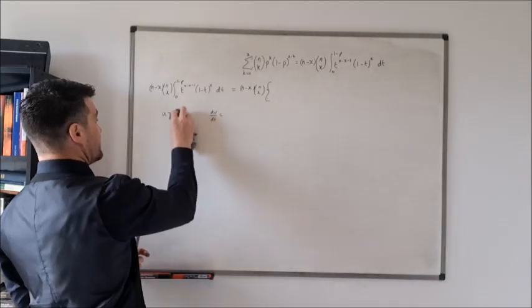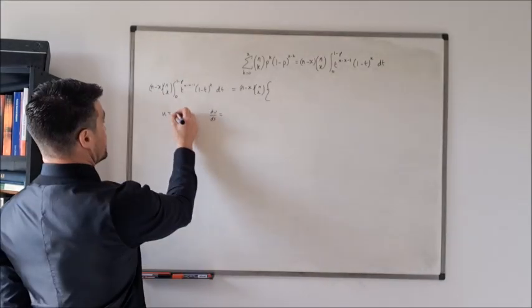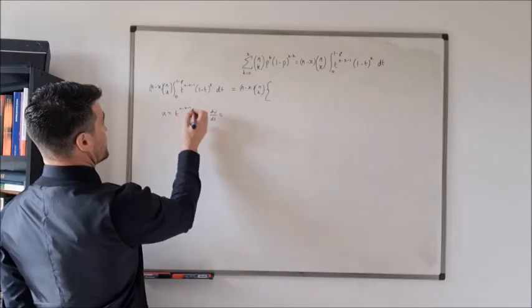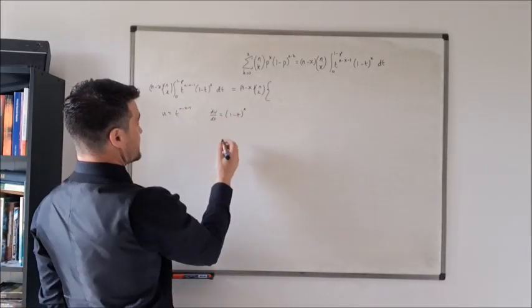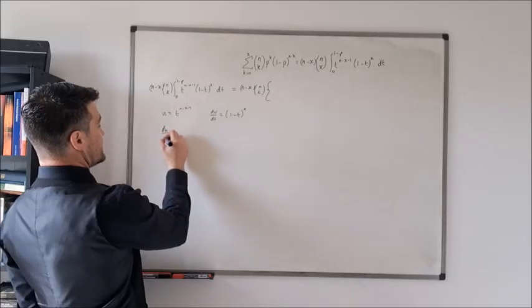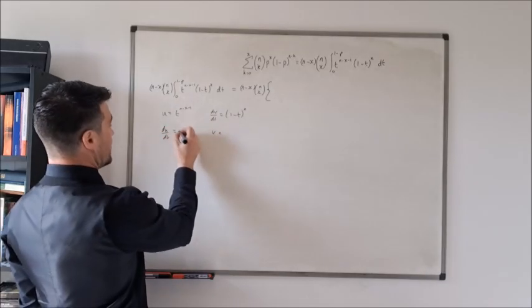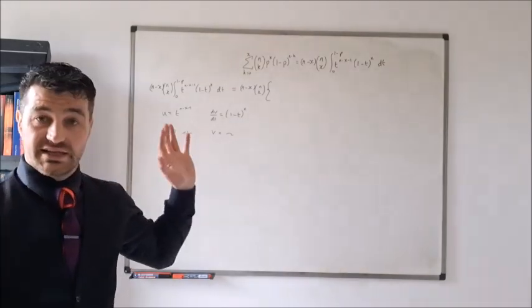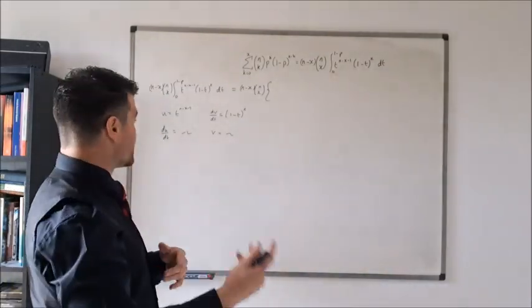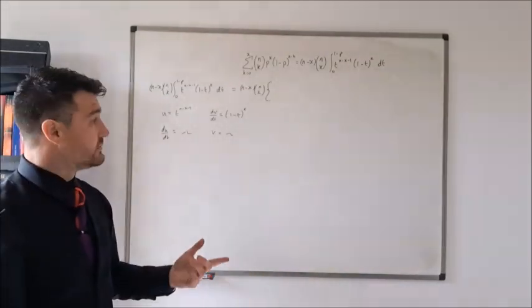I did it the other way around first. I did t to the power of n minus x minus 1, dv by dt is 1 minus t to the power of x. So I got du by dt and I got v equals whatever. I'm not going to do it for the simple reason that this didn't work. It didn't take me in the direction that I was wanting to go.